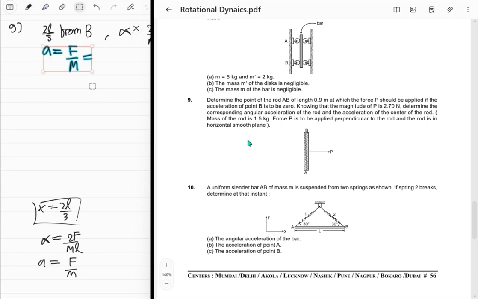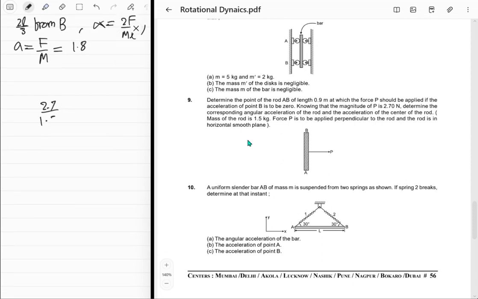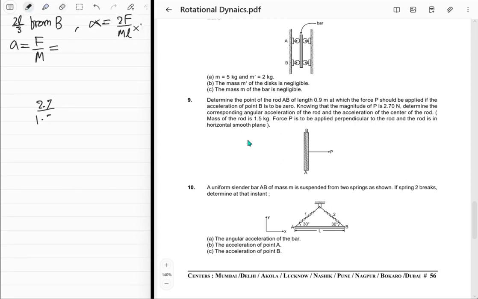Now calculate this. They gave us the force, 2.7, and the mass of the rod is 1.5 kg, so it's just 2.7 upon 1.5. It's like 27 upon 15, that's 9 upon 5, that's 1.8 meter per second square.